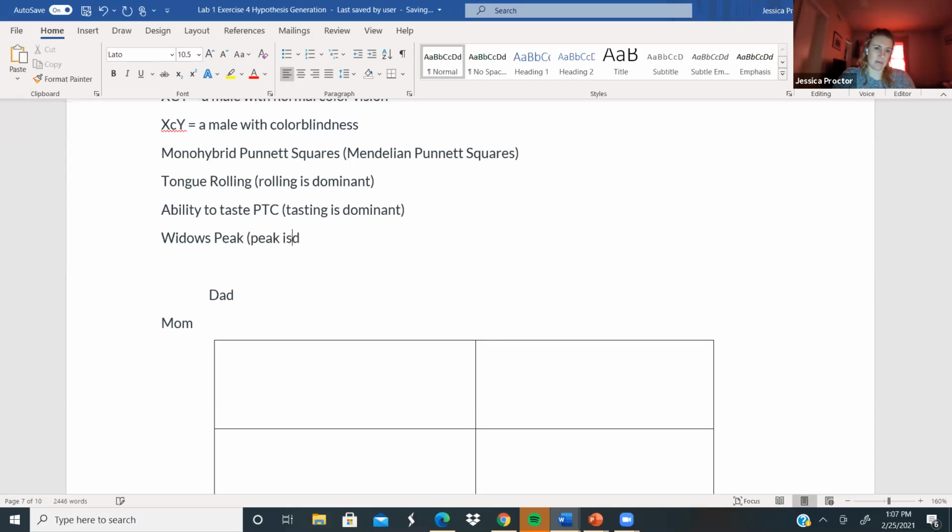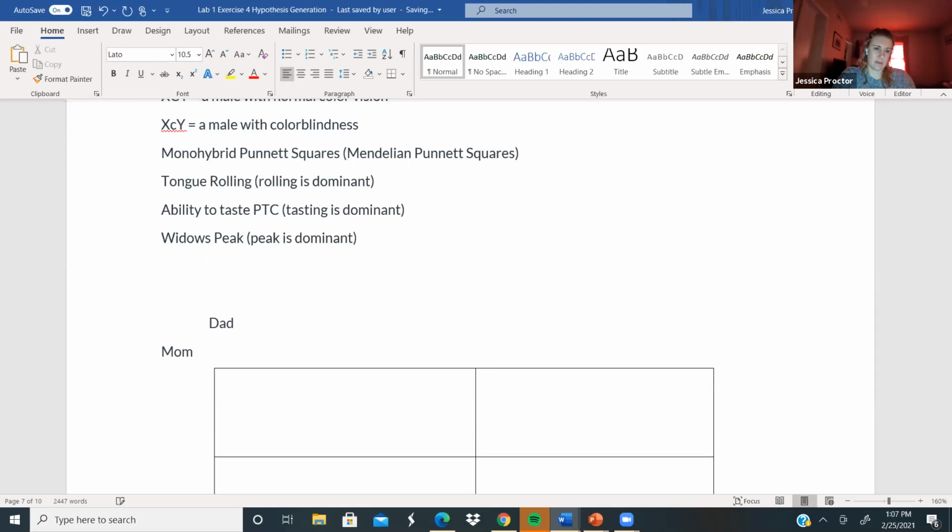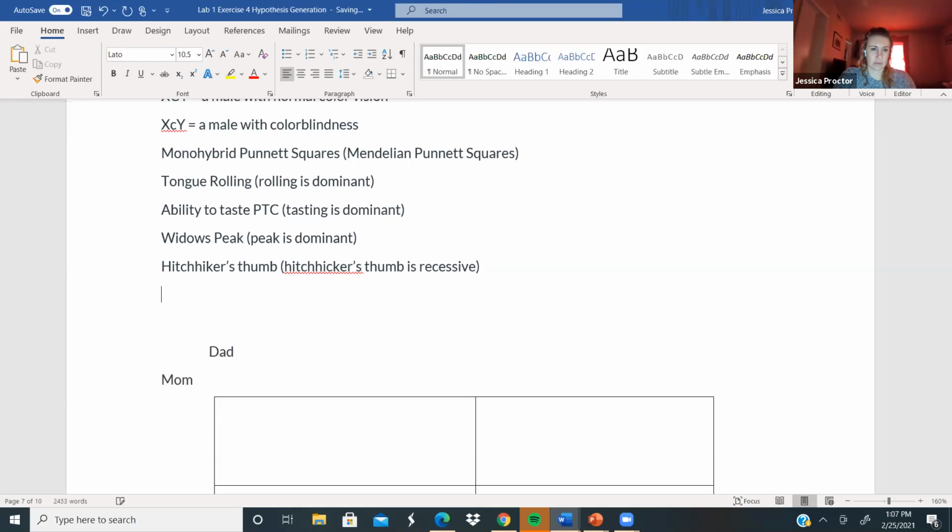Peak is dominant. Hitchhiker's thumb is recessive. I think if there were any others. Oh yes, cleft chin. Cleft is dominant.